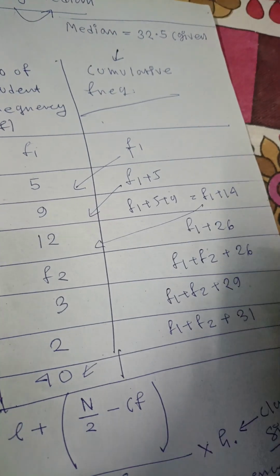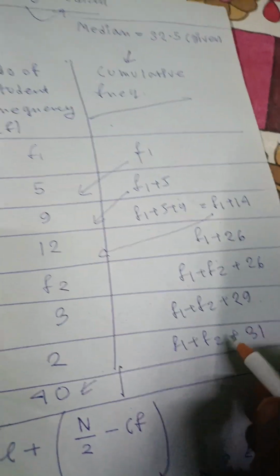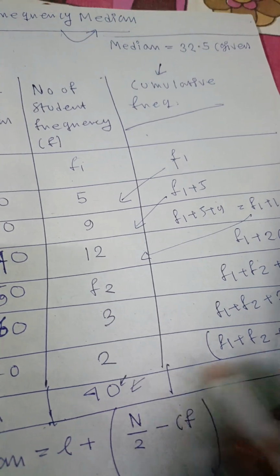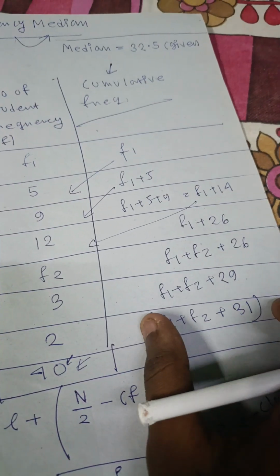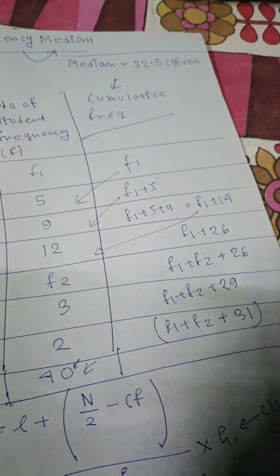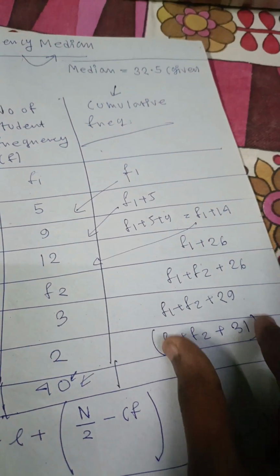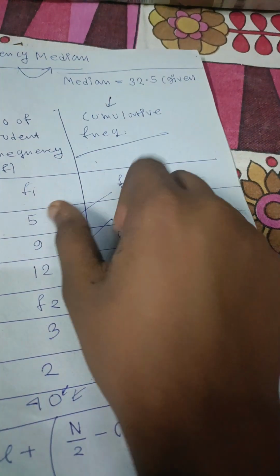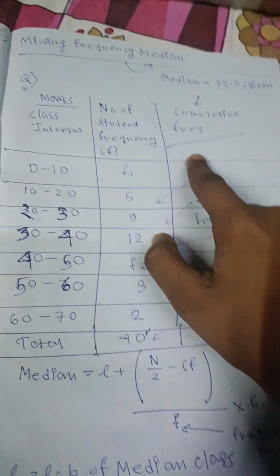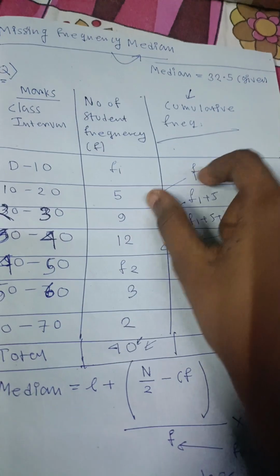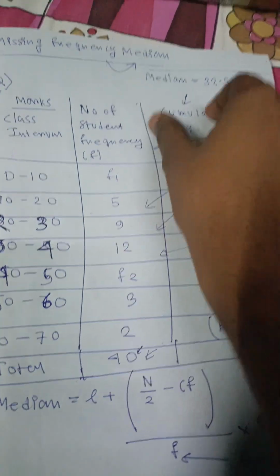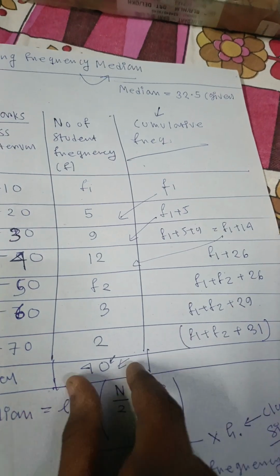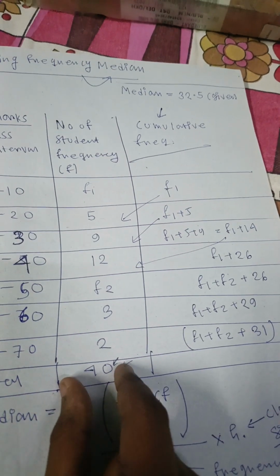Okay, so at last what you get is the total number of frequency, which is also given in the question. You have to remember that when we transfer from one class to another, we just add the frequencies, that is cumulative frequency, and the last value we get is equal to the total frequency given.